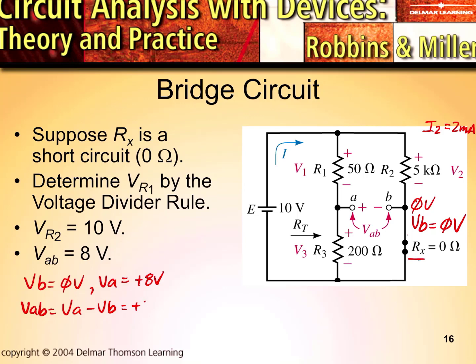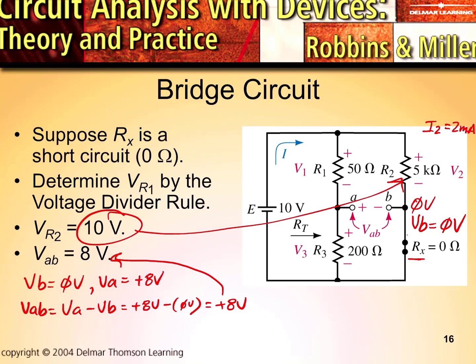VA is plus 8 volts minus 0 volts is obviously going to be plus 8 volts. And that's what we see here. If we look at the VR2 value we talked about, that is confirmed here from what we calculated as 2 milliamps times 5K ohms to give us 10 volts. So the value of voltage here was 10 volts. So if we have a 10 volt drop there, that means on this side we have 0 and on this side we have plus 10 volts.